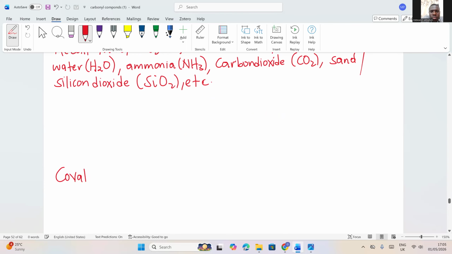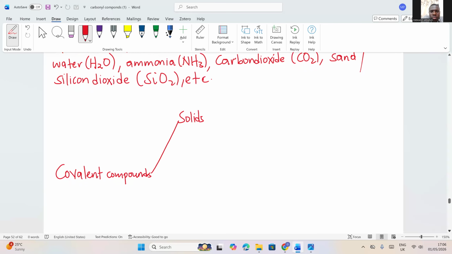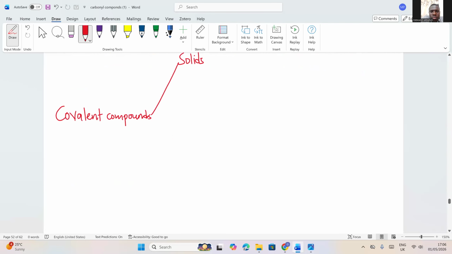covalent compounds can be solids, number one. Then covalent compounds can also be gases or liquids.